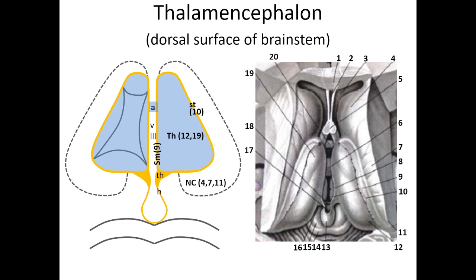Stria terminalis separates the thalamus from the nucleus caudatus, and C, it corresponds to number 4, 7, and 11 in the photo. Nucleus caudatus is here, and in our scheme is here.